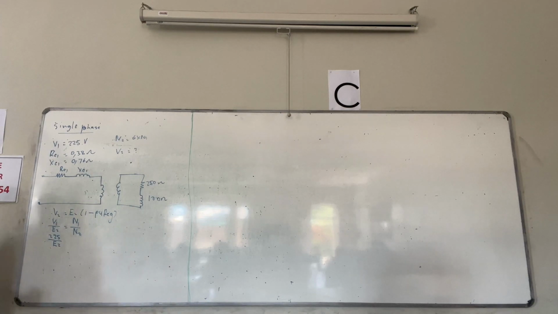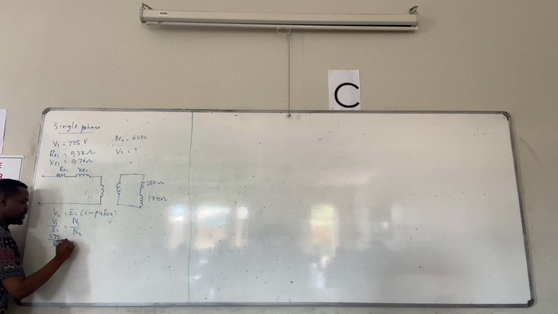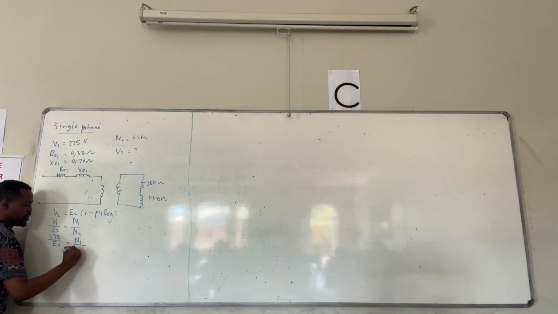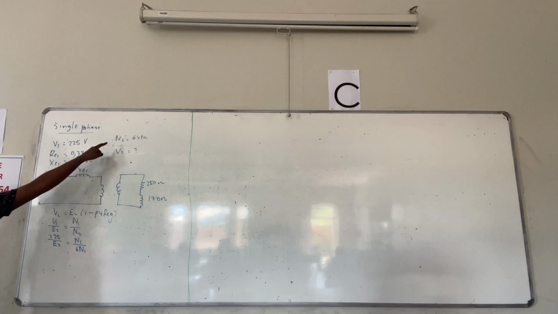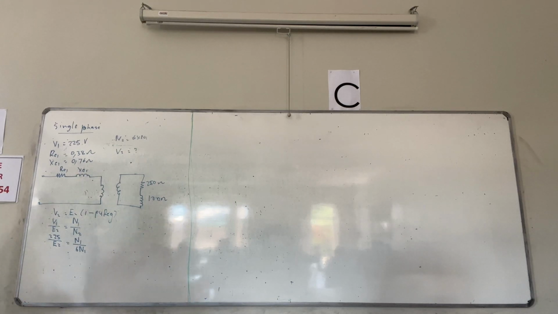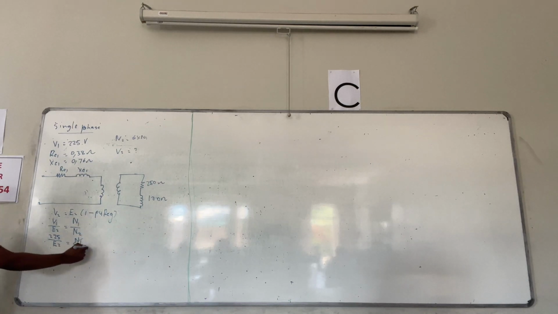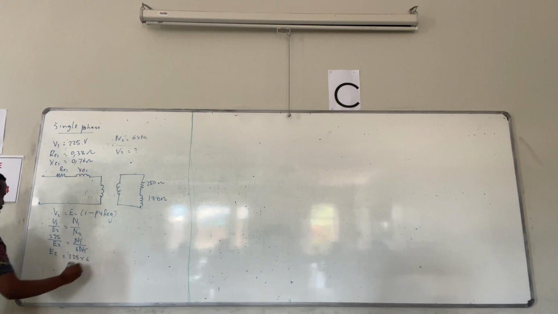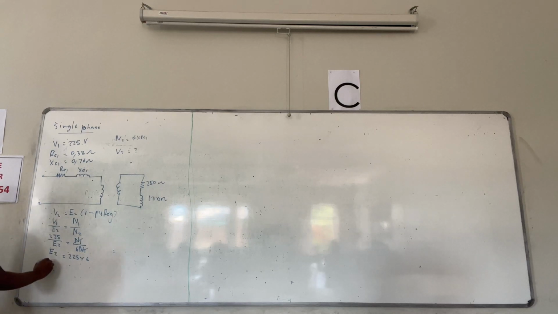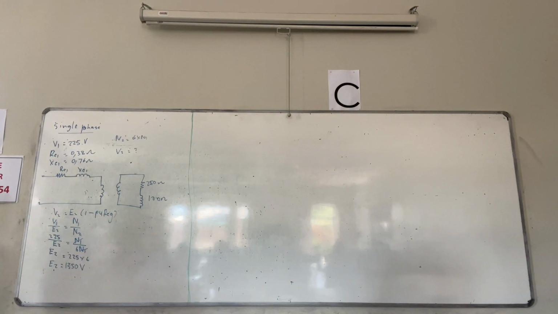N2 is 6 times N1, so this cancels that. Basically E2 is 225 times 6, which is 1350 volts. That is E2.